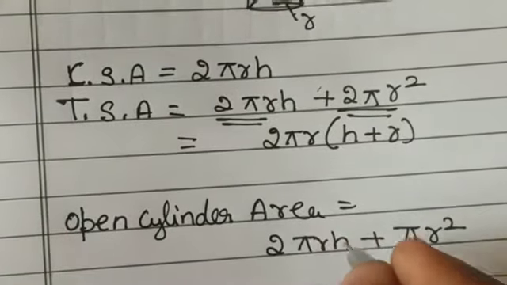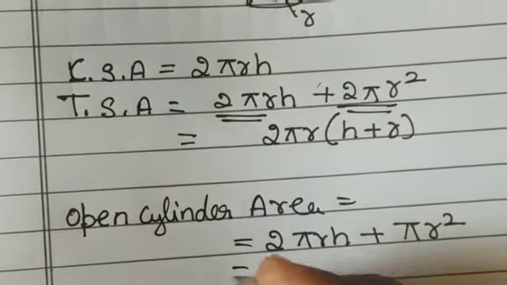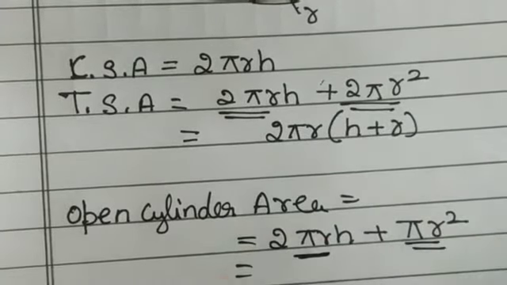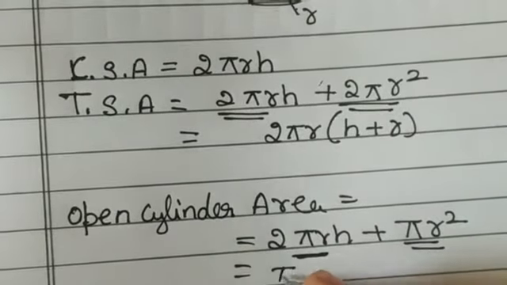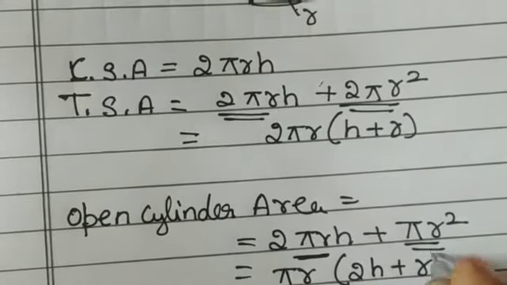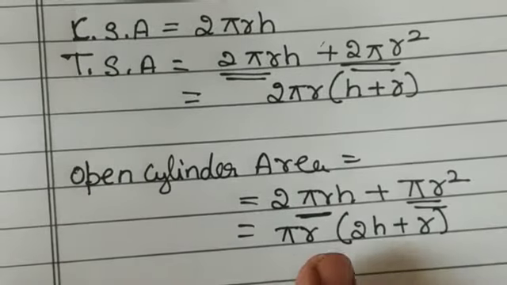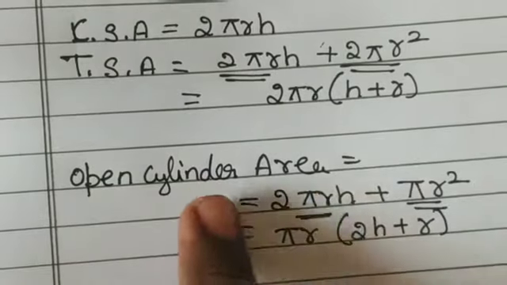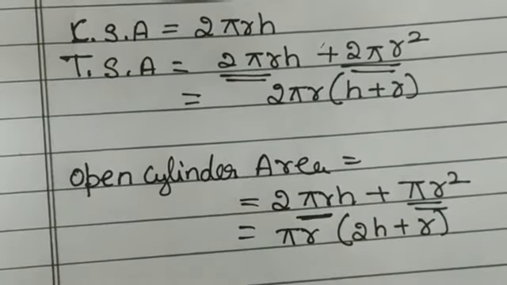Now we will write it in short form. Here the common thing is pi r. We will take out pi r and what is left is 2h plus r. So 2 pi r(2h plus r) is the formula to find the open cylinder area.